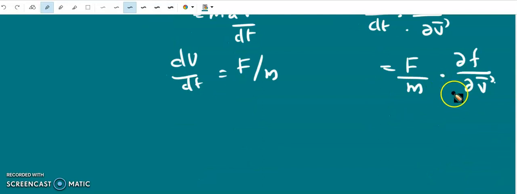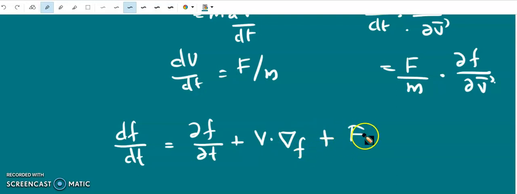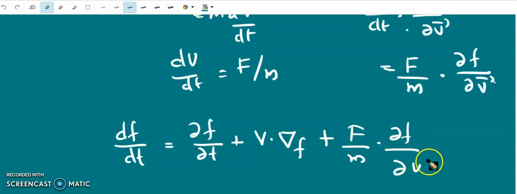So substituting these values in the expression for df by dt, the first term is the partial derivative, which is the explicit dependence on time, and we have seen that the second, third, and fourth terms can be written as v dot gradient of f. And the fifth, sixth, and seventh terms correspond to F by m dot dou f by dou v.